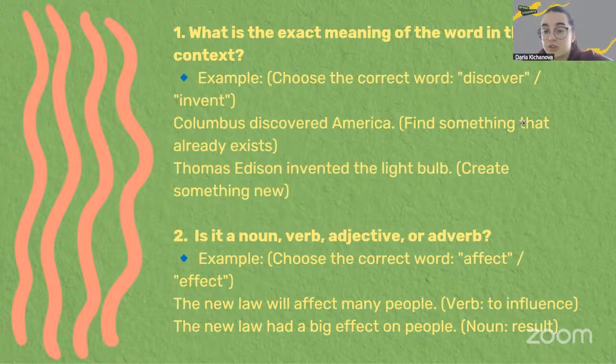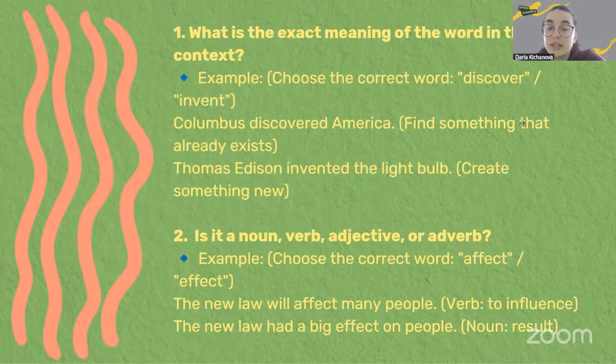If this person just found something that already exists, I need to use discover. But when I want to talk about something that was new, I will use invent, such as Thomas Edison invented the light bulb. So your task here is to understand the exact meaning of the word.